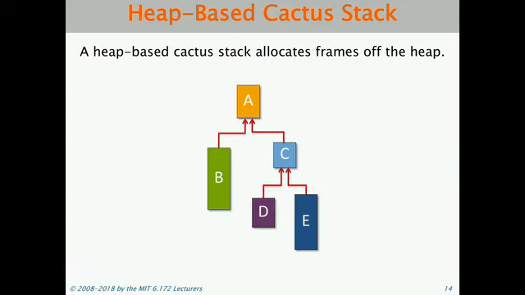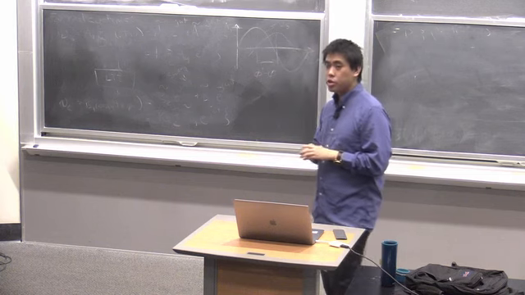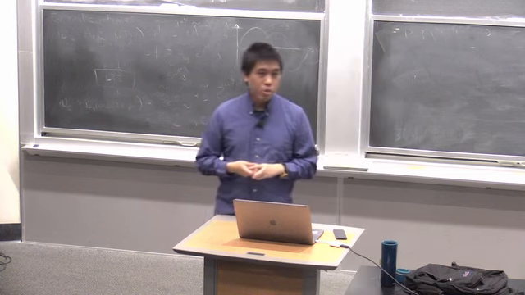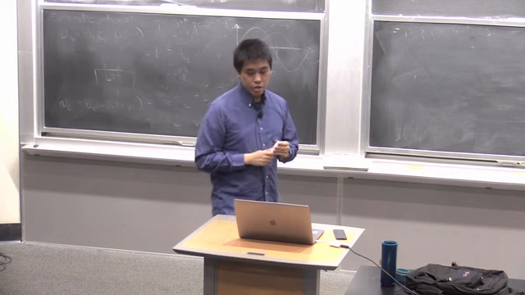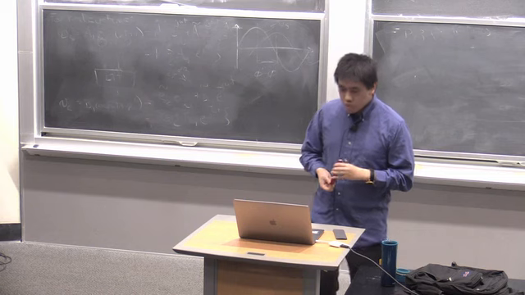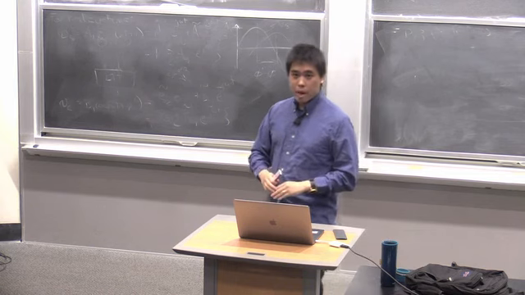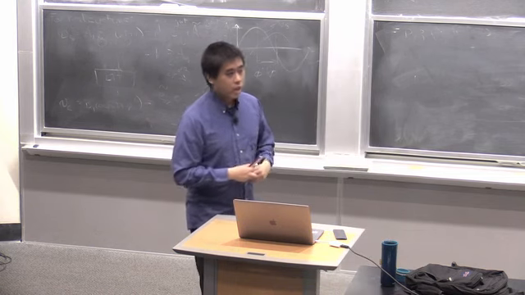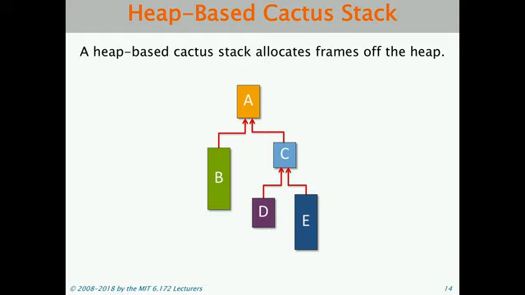And then when you finish a function, you're going to pop something off of this stack and free it back to the heap. In fact, a lot of early systems for parallel programming use this strategy of heap-based cactus stacks. Turns out that you can actually minimize the performance impact using this strategy if you optimize the code enough.